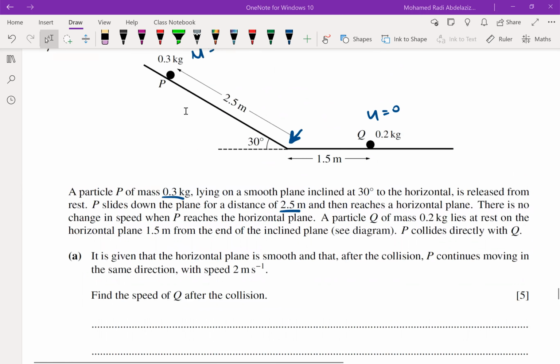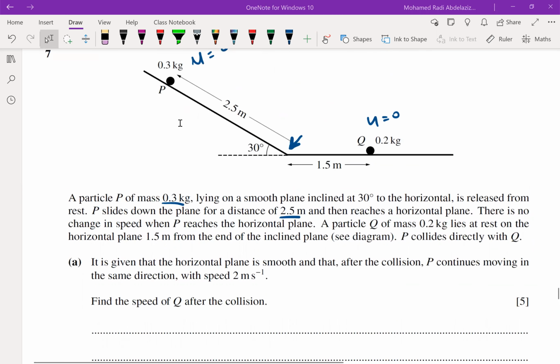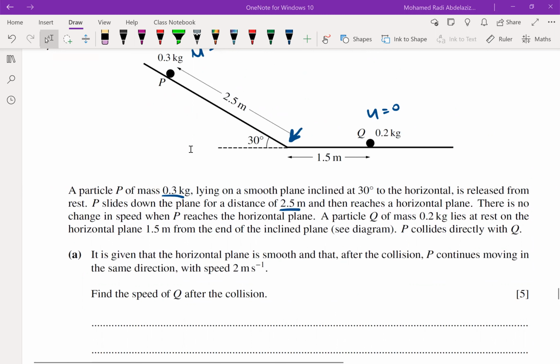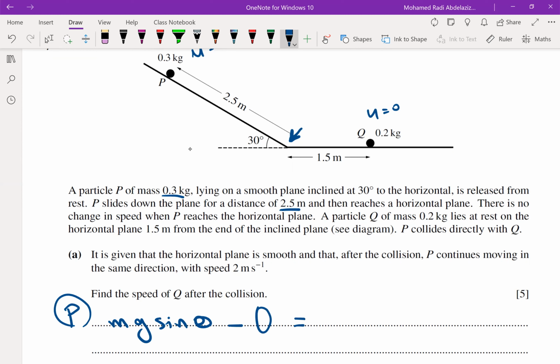Let's start first with particle P released from rest. So the initial velocity is equal to 0. You have to find the acceleration. We can apply Newton's second law when the particle is released. All the forces in the direction of motion, mg sine theta, minus all the forces in the opposite direction, which is, there is no frictional force, so you can write 0, is equal to ma.